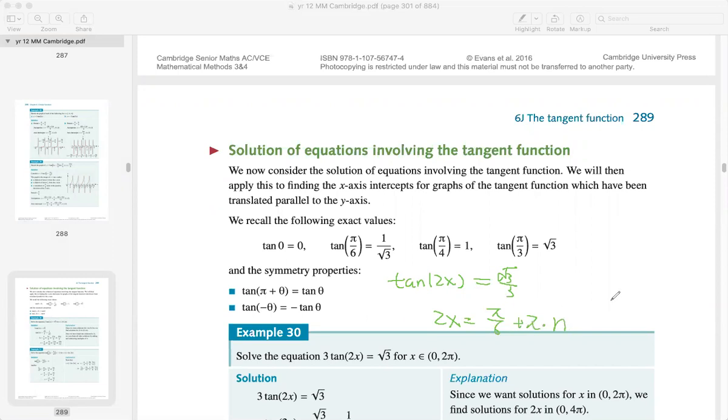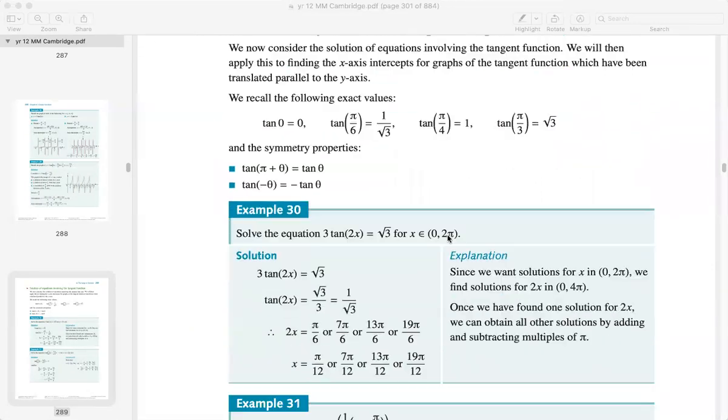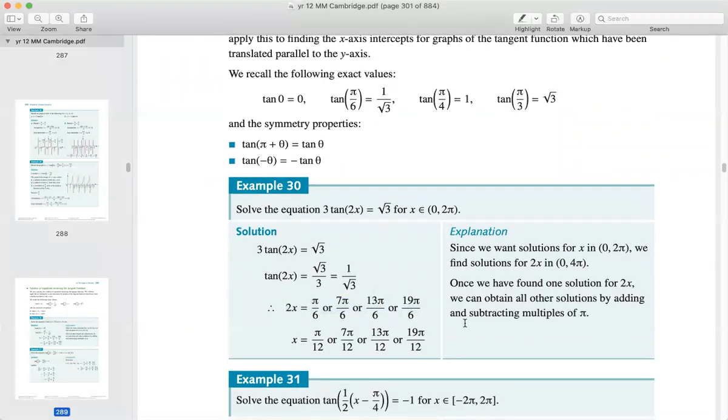I don't need to write anything else because, by ASTC, I just need to add 180 degrees or pi to get my third quadrant one. So essentially, they are repeating themselves, so I don't need to write any more. I just need to write one general equation format for the tangent, and it's just x equals pi on 12 plus half pi times n.